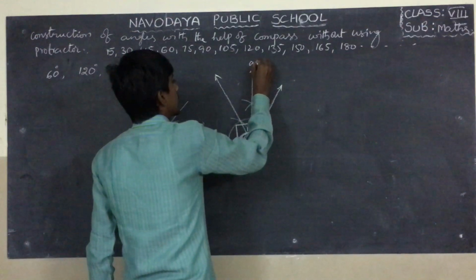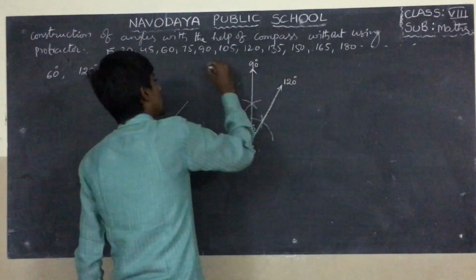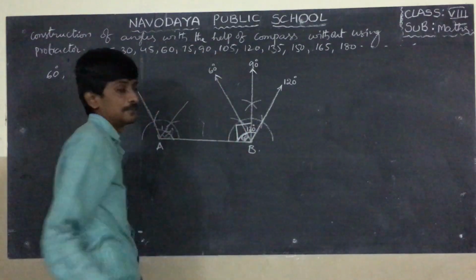This is the 120 degrees line, and this is the 60 degrees line.